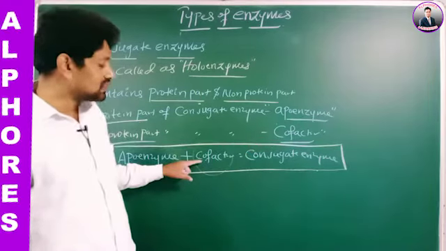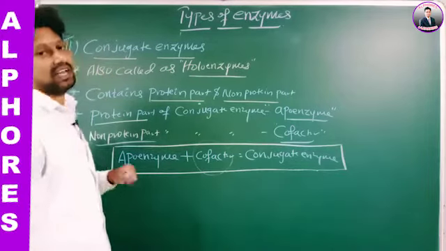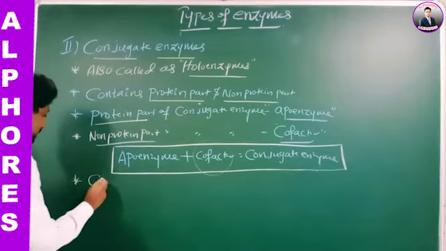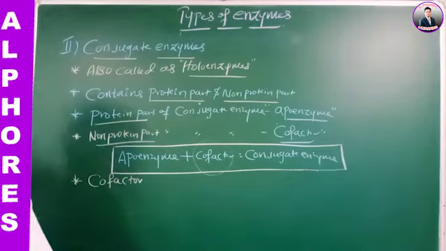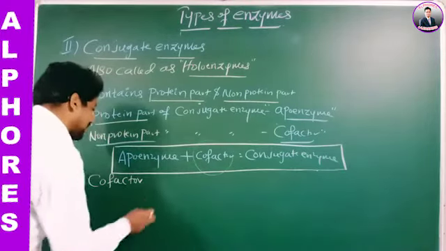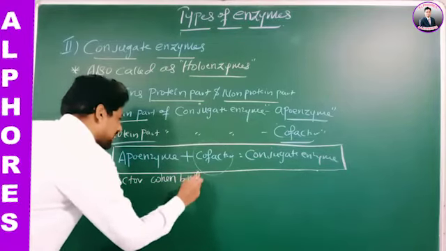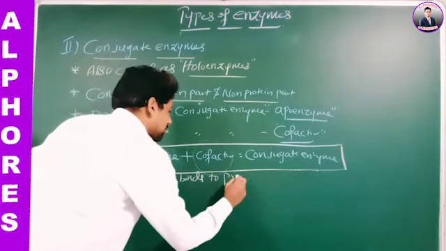Okay, in the absence of cofactor, conjugate enzyme loses its catalytic activity, right? I am writing this statement. Cofactor means which part of the conjugate enzyme? Non-protein part. When the cofactor binds to which part, sir?